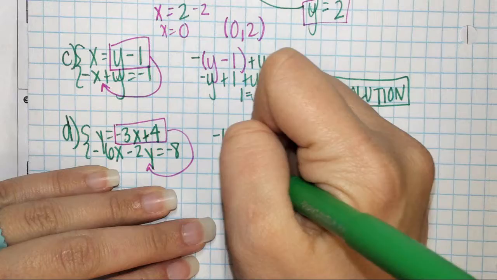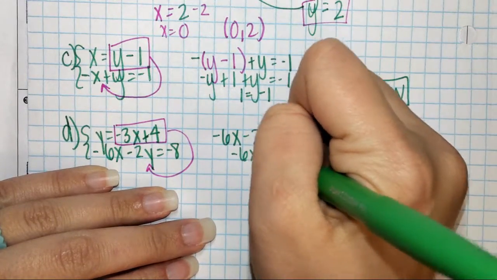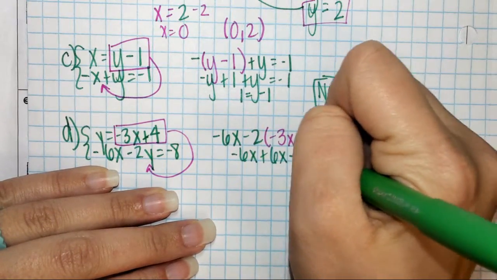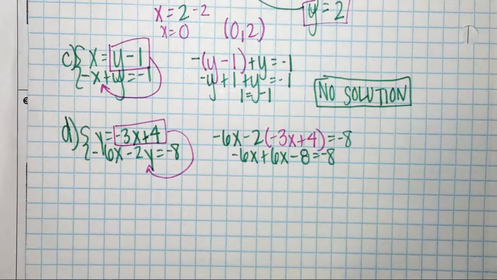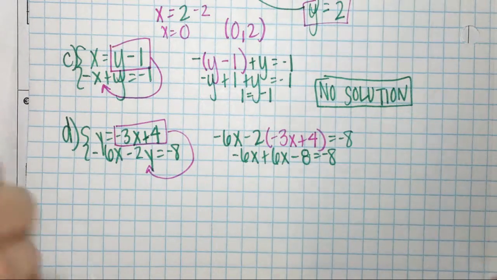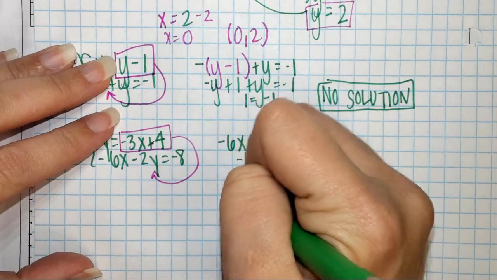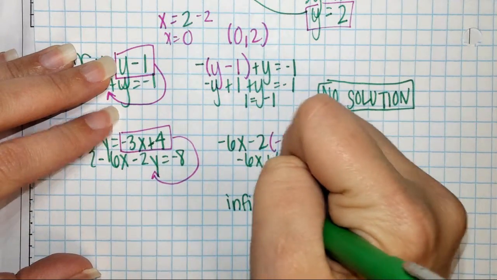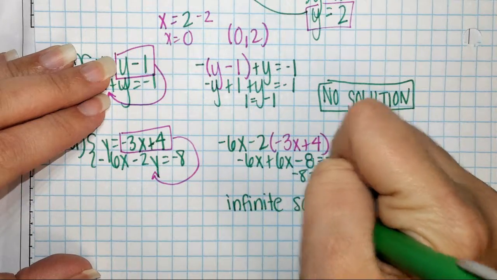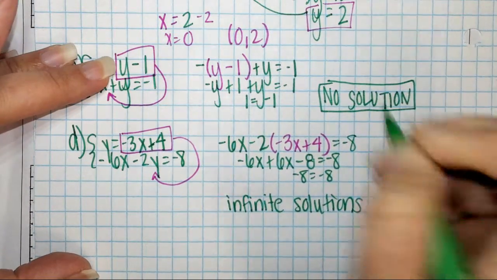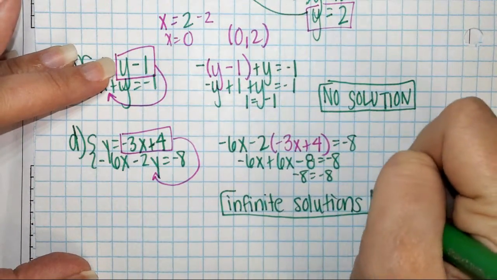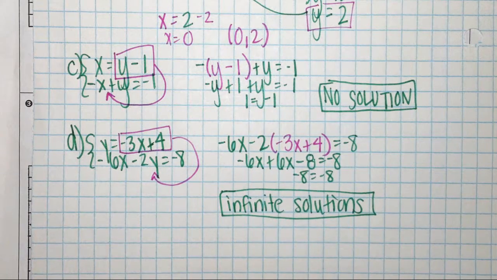So you get negative 6x plus 6x minus 8 equals negative 8. Right? Negative 6x plus 6x cancels. You get negative 8 equals negative 8, which is infinite solutions. How many of us got that one right? Hey, take a point for your team. Good job.